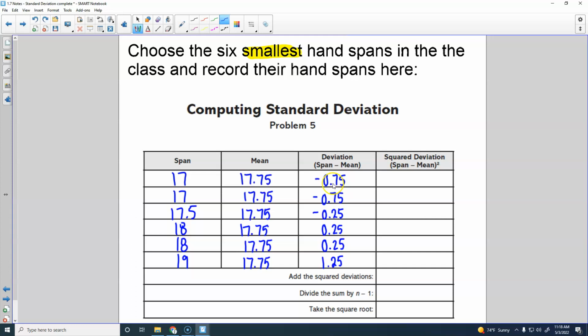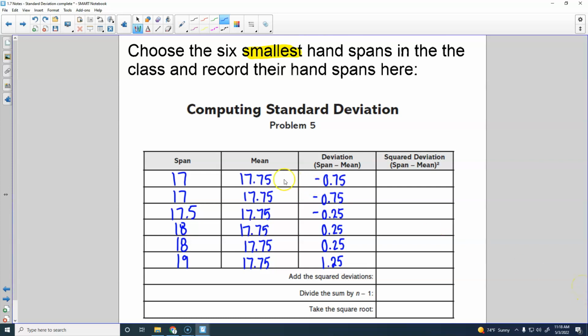Yeah. So now, if I tried to add all those numbers together, what do I get? Try adding all the deviations together. You get 0.